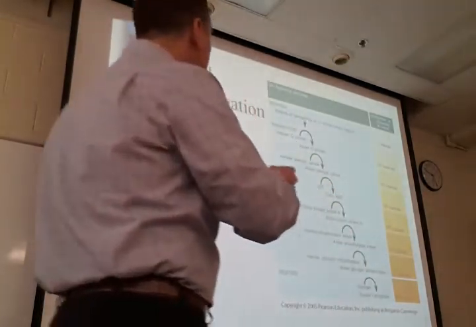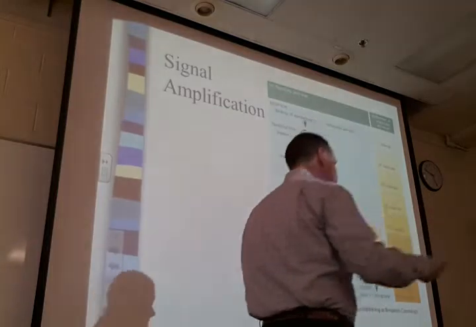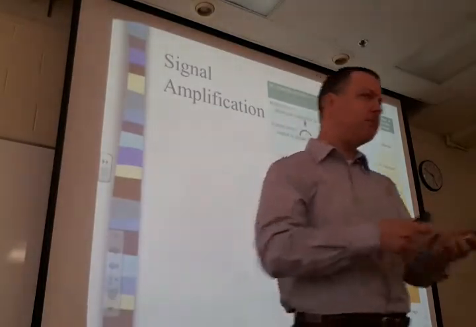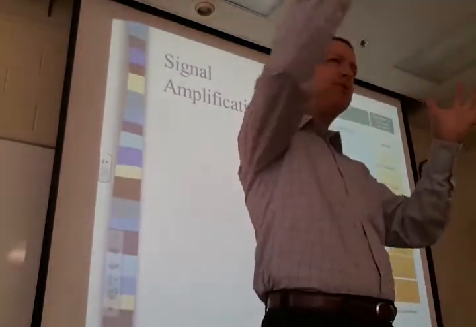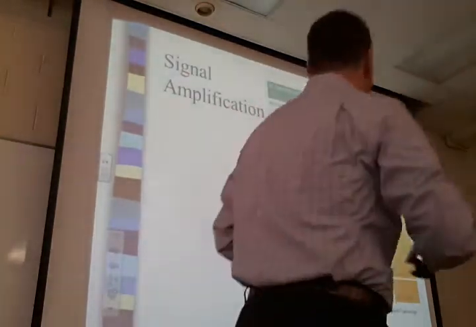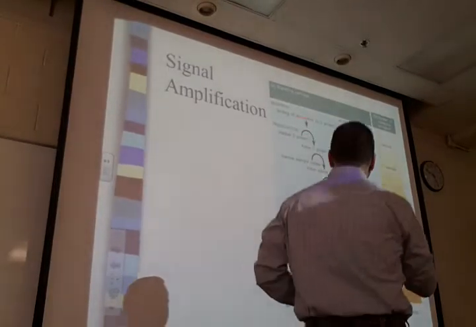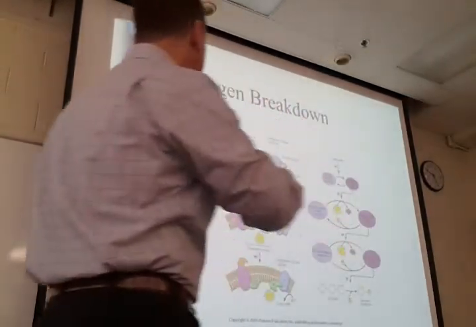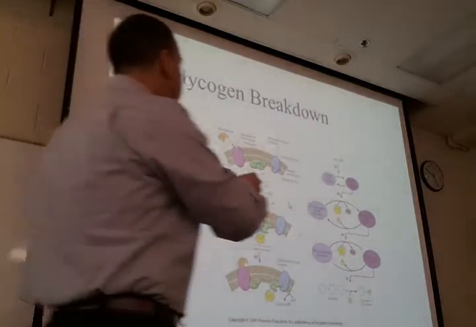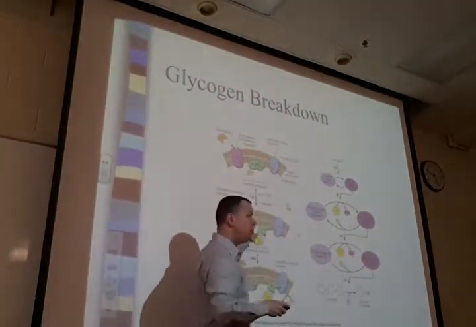Okay, so the binding of that signal, that epinephrine to the receptor, is obviously not an amplification step because my hand's the receptor and the marker is the signal. That's a one-to-one kind of thing, so that's not amplified. But it turns out that although we kind of only looked at it as a one-to-one, that activated receptor can activate multiple G proteins.